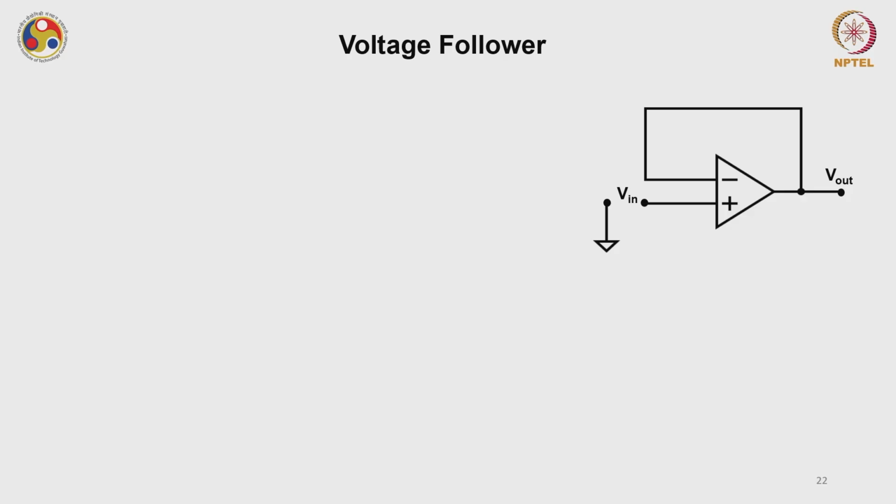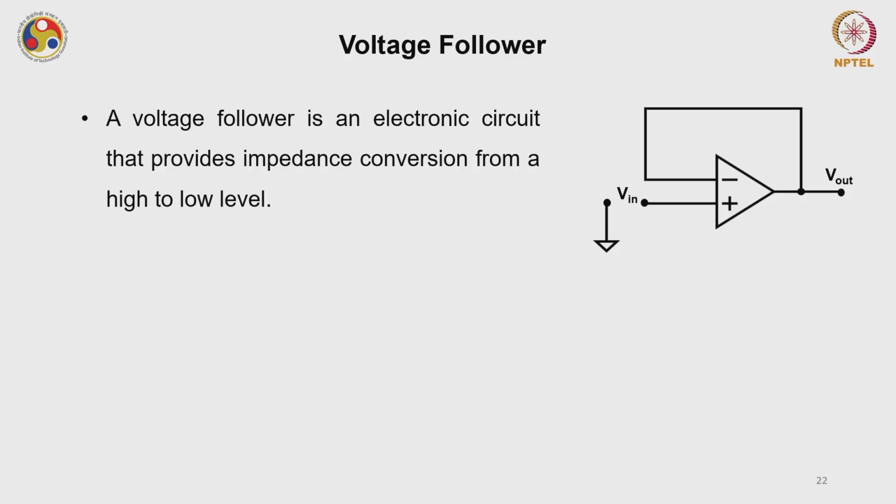So, voltage follower that we were about to discuss, but we have not. Voltage follower is actually a very important circuit component, a part of this interface circuit, which is basically used as an impedance converter, from high impedance to low impedance value.